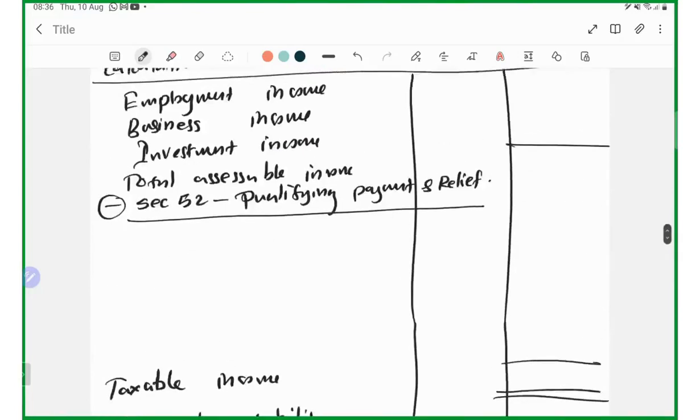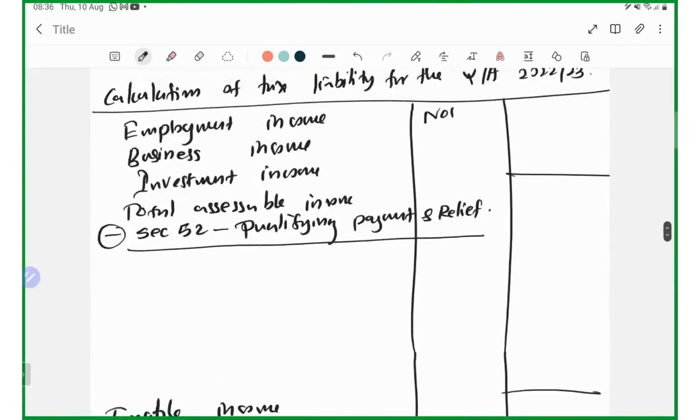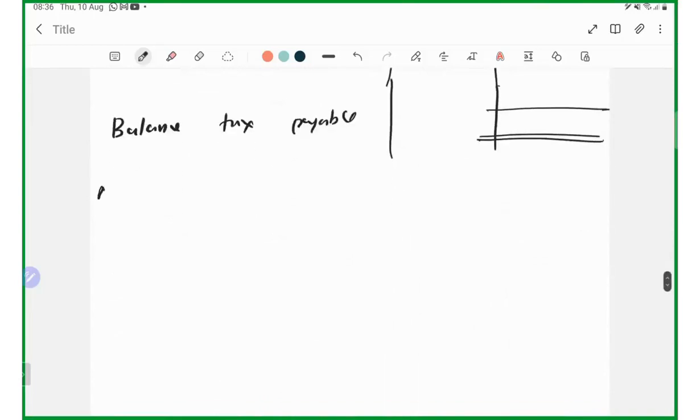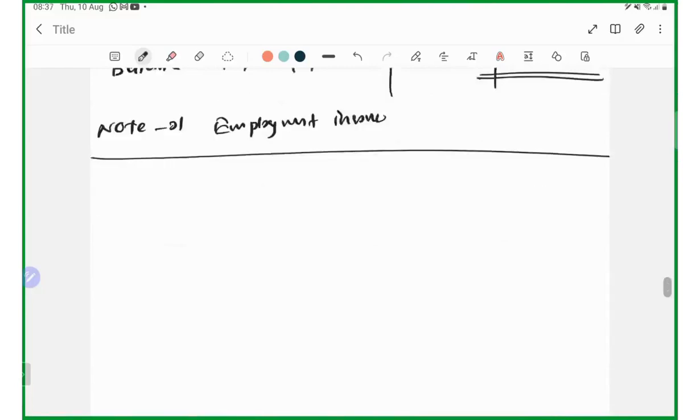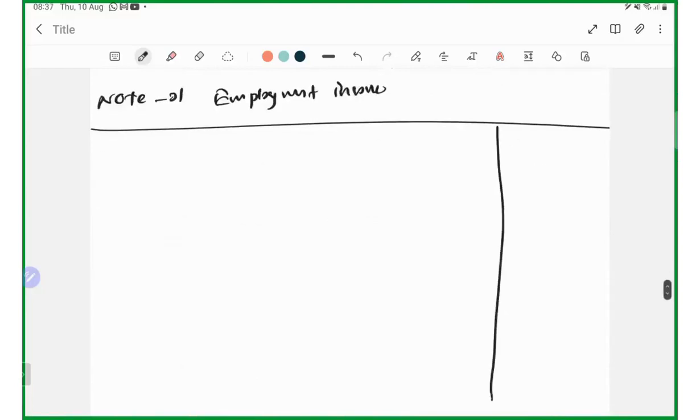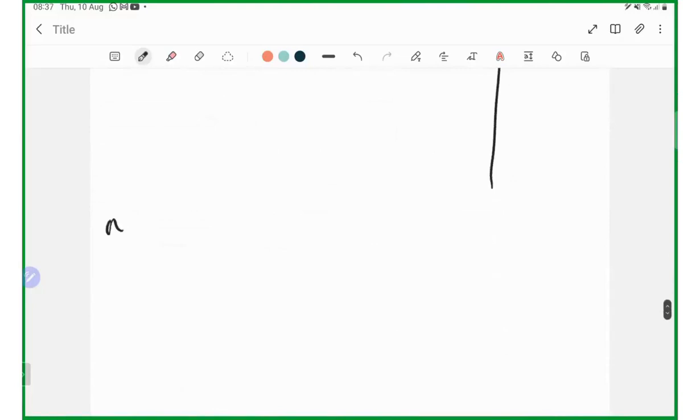To calculate this, you need to do separate workings. I will refer to them as note 1, note 2, and note 3. Note 1, employment income. Under that employment income, we have to see what are the available incomes.